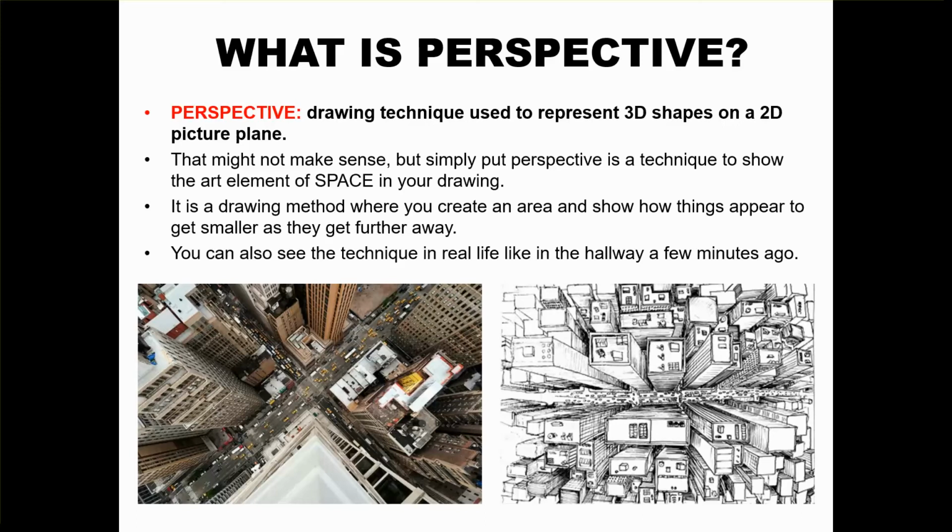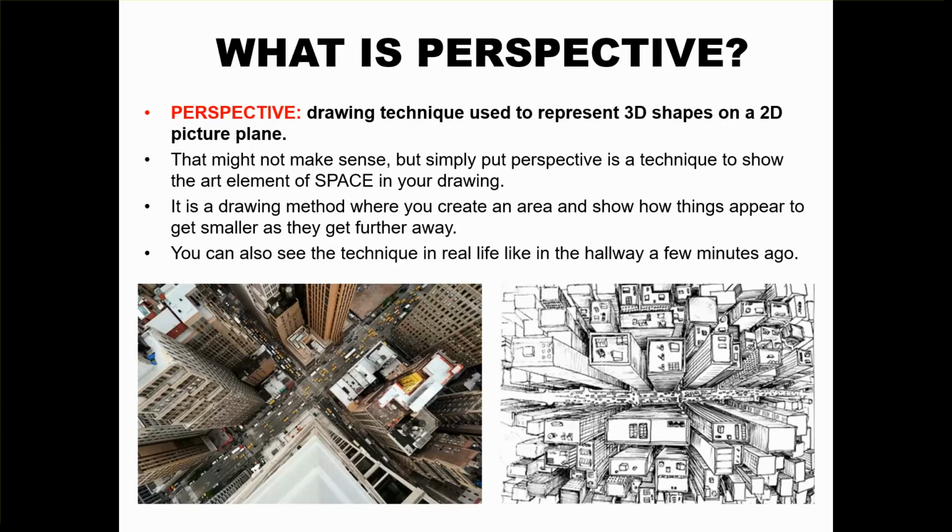But in this case, if you look at the examples on your screen, so that photograph, bottom left, and that drawing, bottom right, you can see the top of the buildings. So it's as if we have an aerial view. So you're like birds in the sky and we're looking at the top. As we look down those buildings and look at the ground, all objects on the ground, of course, are smaller.